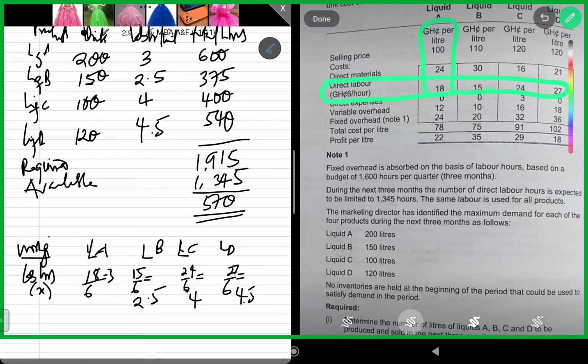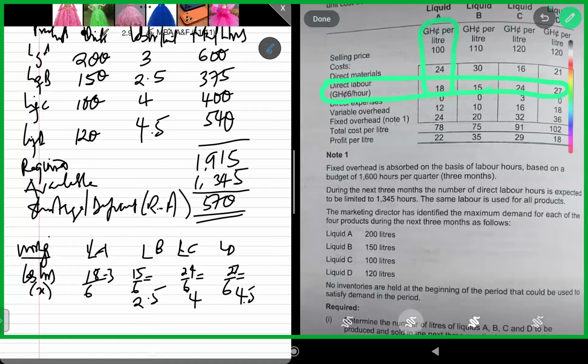We need 1,915, but what is available is 1,345. So what name do we give to the 570? It's a shortage, or deficit, which is R minus A. R is the required. Then we subtract the available from it, A. So 570 is the shortage.